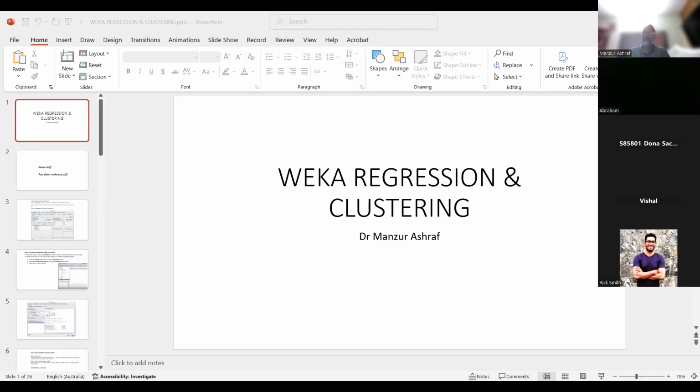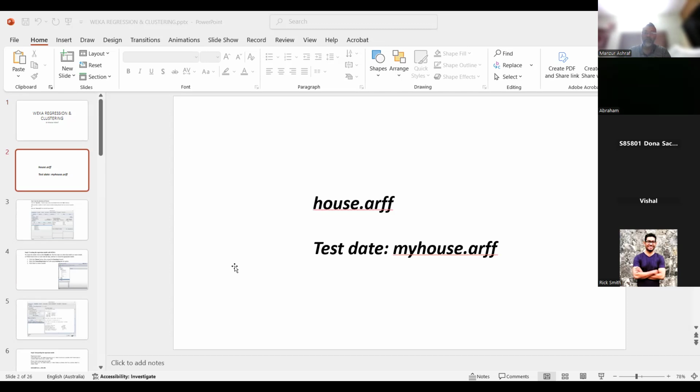This week, we will look at an interesting example where the conclusion or the decision is a number. We'll see that example, and that is actually the regression thing. This test data, house.arff, is given in the week 9 lecture.